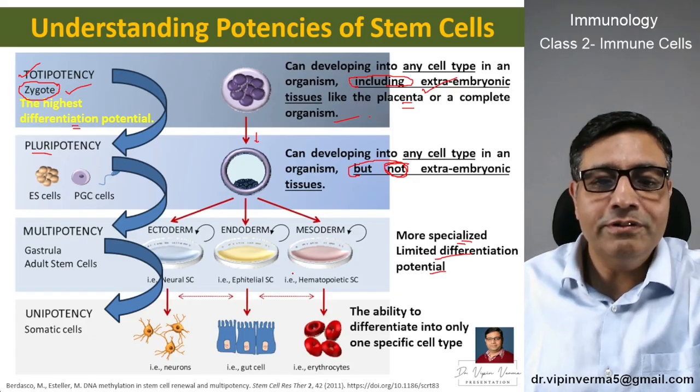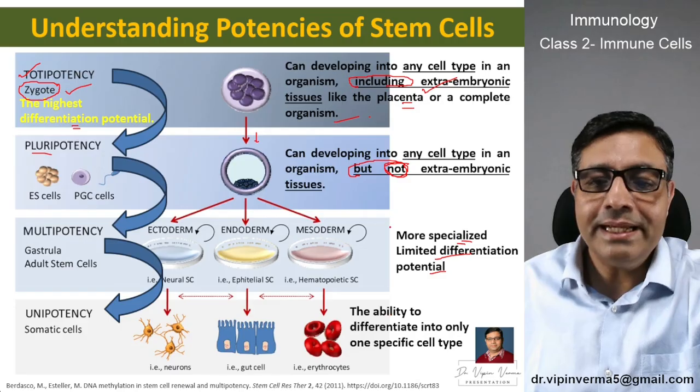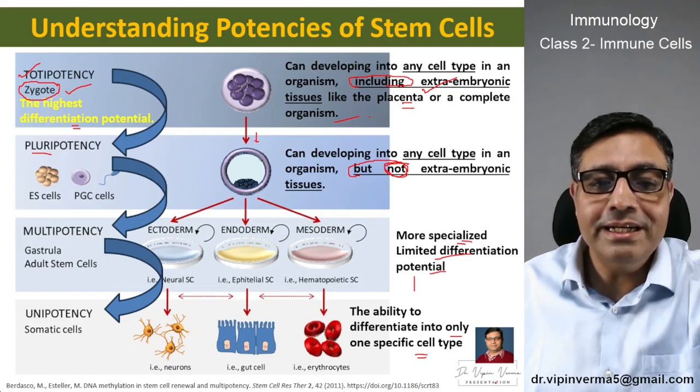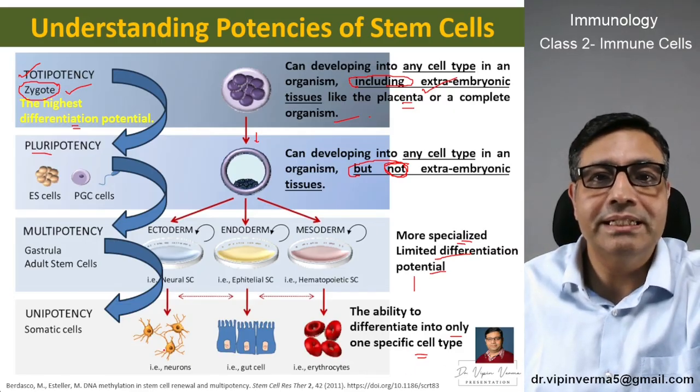And in the case of unipotency, it is the ability to differentiate into only one specific type. So here you can see the one single terminally differentiated cell. The precursors of the terminally differentiated cells are the unipotent cells.